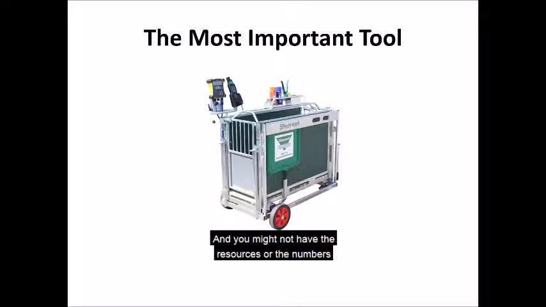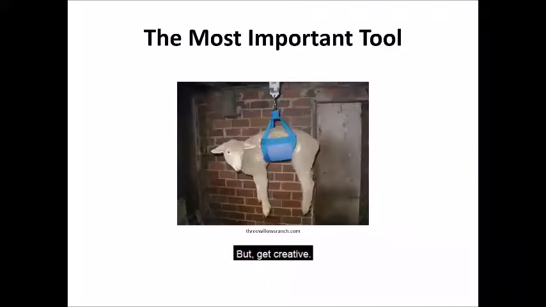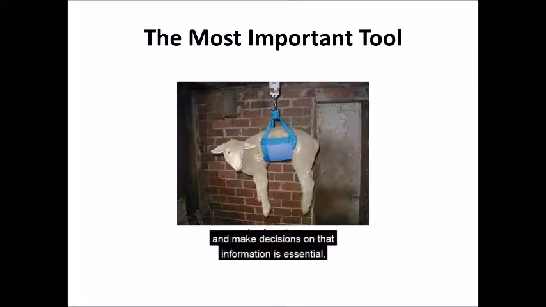And you might not have the resources or the numbers for a chute system, digital scale with an electronic ID reader and all the bells and whistles like pictured here. But get creative. There's no excuses. If you're trying to develop a brand and a quality product, let alone increase profitability and make genetic improvement, the weight of your lambs and having a way to know that information, record that information, and make decisions on that information is essential.